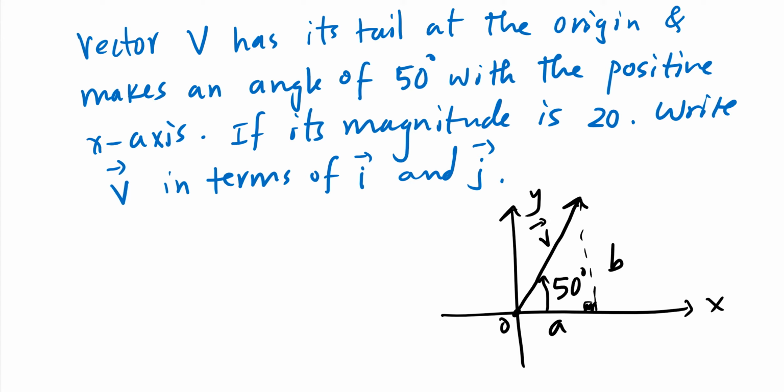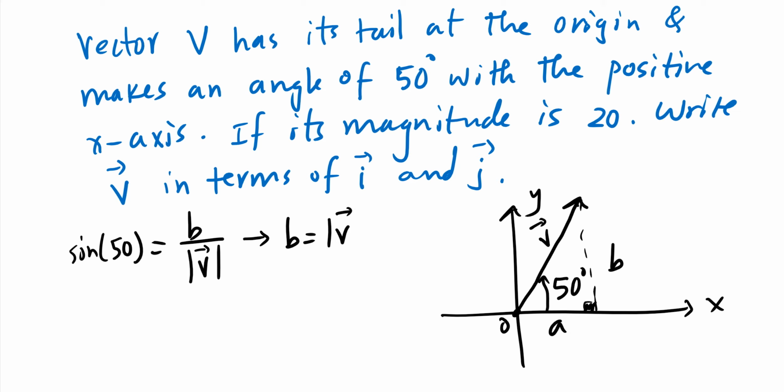This is vector v. To do so, we use sine 50 is the opposite over the hypotenuse, which is the magnitude of v. So from here, cross multiply. b is the magnitude of v times sine 50, and they give us the magnitude of v was 20.